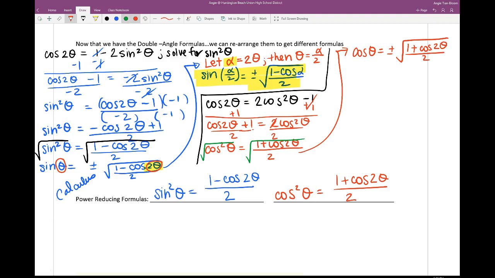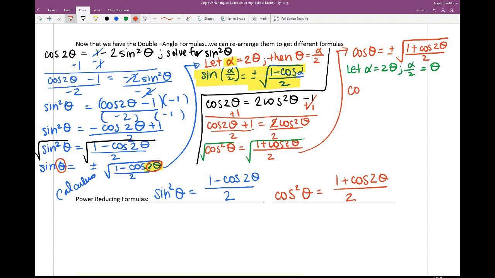And just like earlier, I'm going to let alpha be 2 theta. That means if I divide both sides by 2, alpha divided by 2 is 1 theta. Okay, so keep that in mind because that's my manipulation.